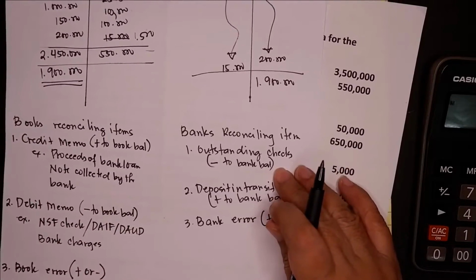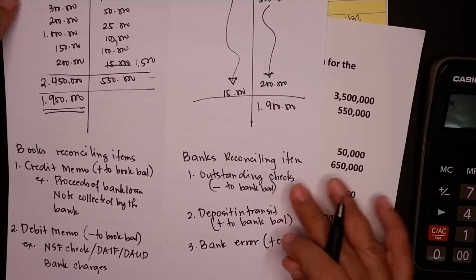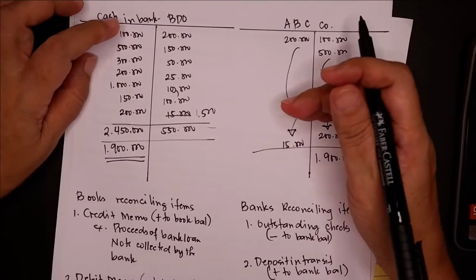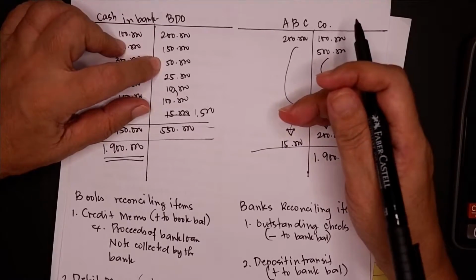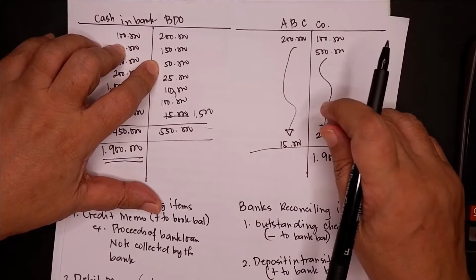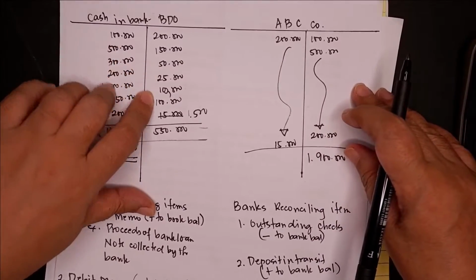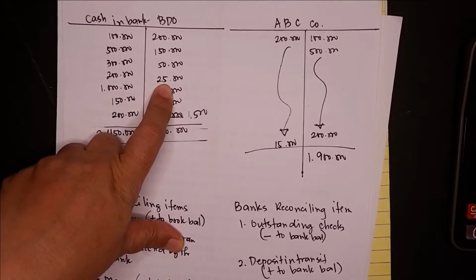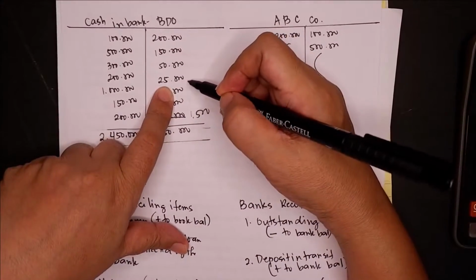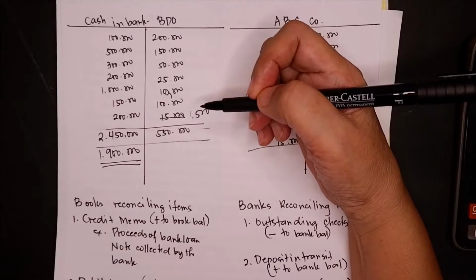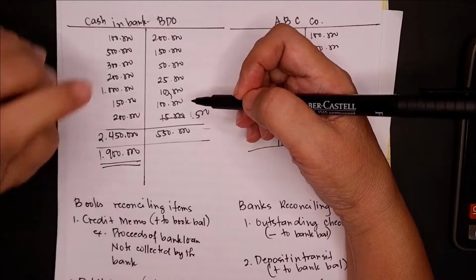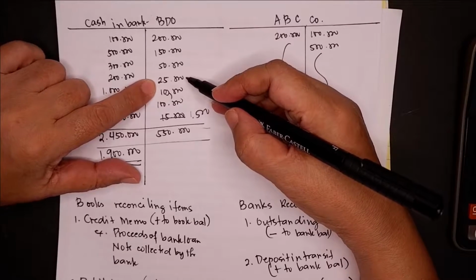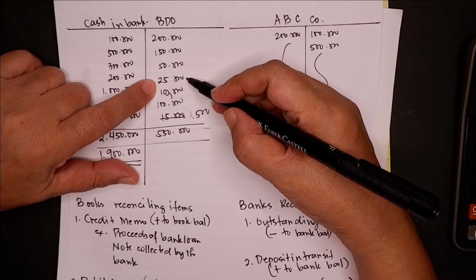Okay, outstanding check. What is an outstanding check? It means that the book, the company, already recorded a disbursement, but the bank hasn't recorded it yet. So again, example, this 25,000, that is payment for utilities expense. The check was made and already delivered to Meralco. So we have our entry already, debit utilities expense and credit cash in bank.